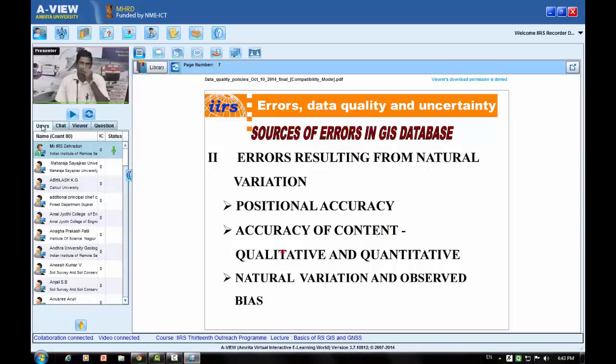And then accuracy of the content. If you talk about the content, we talk in terms of qualitative and quantitative. Qualitative means, suppose I take a groundwater prospect map and I say you get good groundwater in some area. The prospect of getting good groundwater is maybe medium in another area and low in another. Here we are not telling exactly how much water you are getting when you are extracting water, whether liters per minute is very high in some place, this much is 100 or 1000 LPM here, and here 500, and here 100 or less than that.